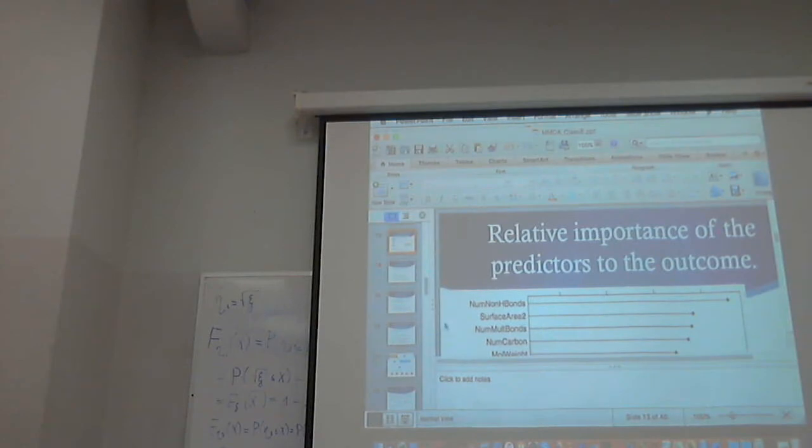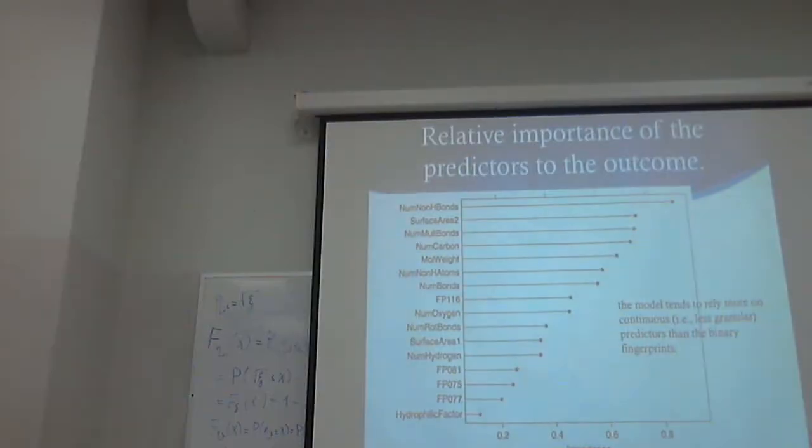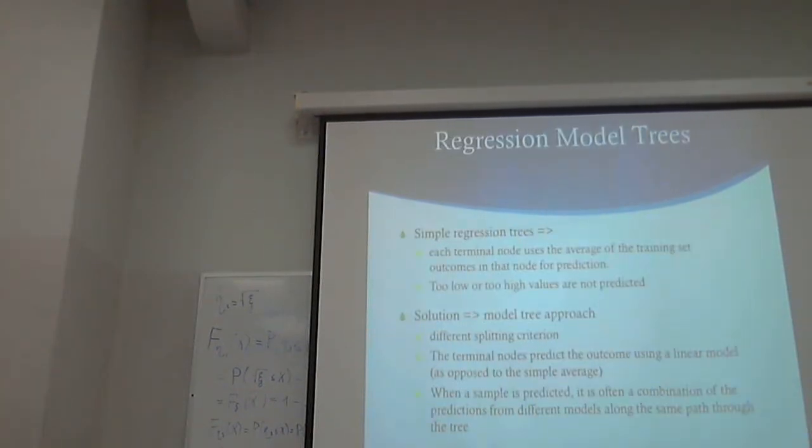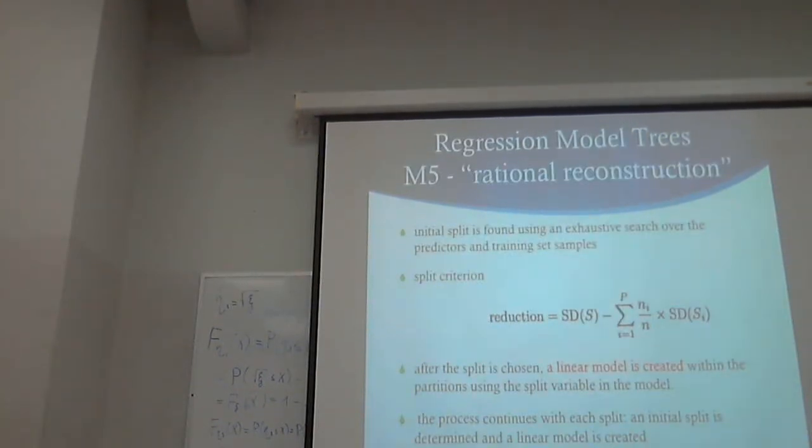Okay, so we tried single tree methods, and we see it has some performance, but the advantage is interpretability. And here is M5 that we wanted to try.